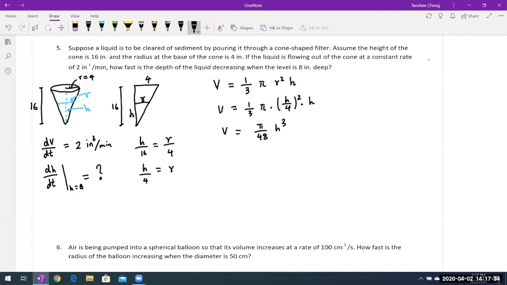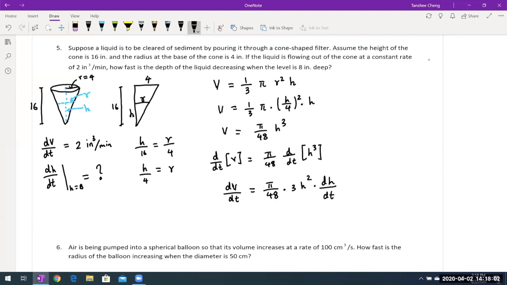Now, taking the derivative on both sides with respect to time, that gives me dV/dt is equal to pi over 48 times 3h squared times dh/dt.